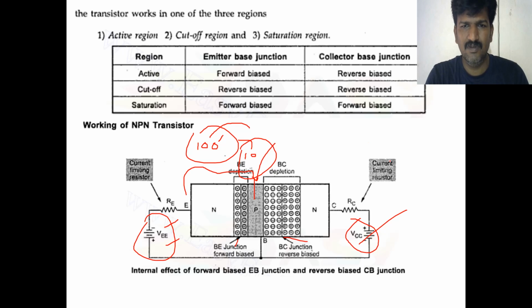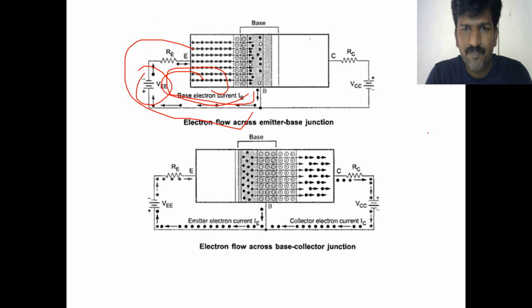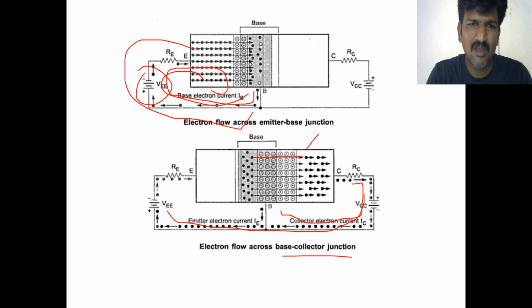Next, what about the base-to-collector junction? Electrons diffuse to the collector, which leads to collector electrons moving like this. Base electrons move like this. Current moves like this.